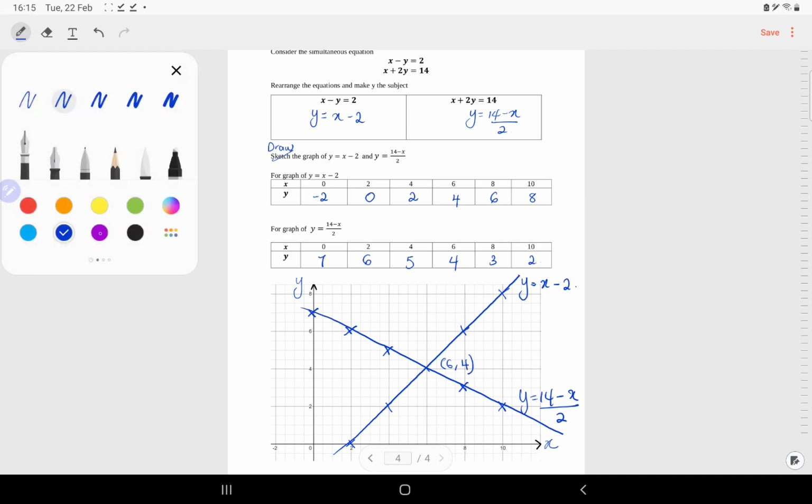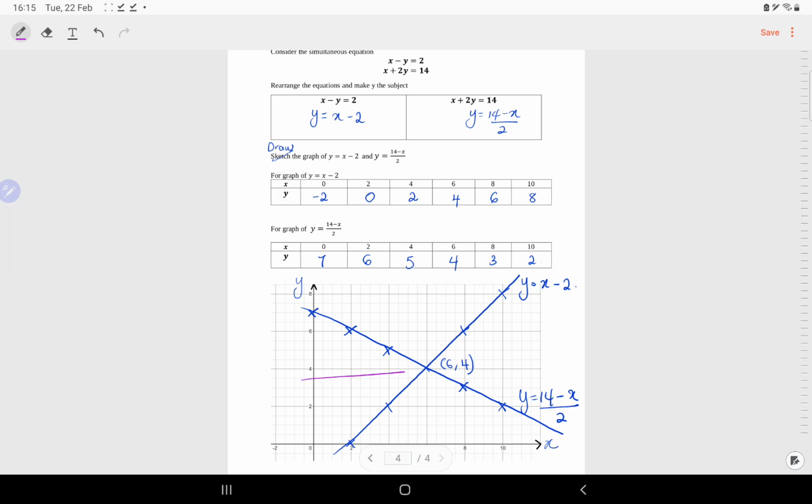I will write that down. That is what we call the point of intersection. So now you know that the method to find the point of intersection is simultaneous equations.